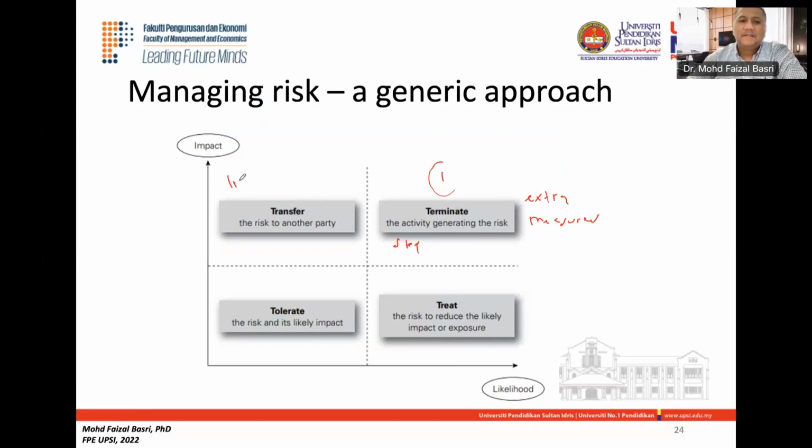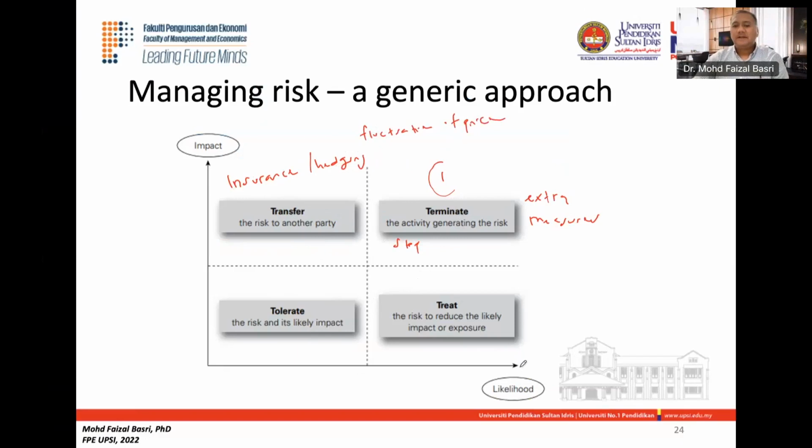The example I gave just now was insurance or hedging. We can reduce the implications of the risk either by transferring to a third party insurance company, or from a financial point of view, you can use hedging when we talk about fluctuations. If there's price fluctuation involved in your business, you can do hedging. This is to transfer the risk to another party.